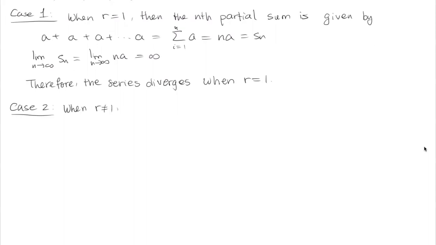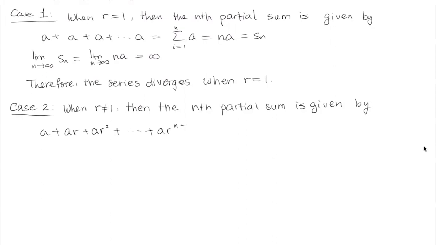So let's say the nth partial sum then is given by Sn equals a plus ar plus ar squared plus so on until we reach ar^(n-1).